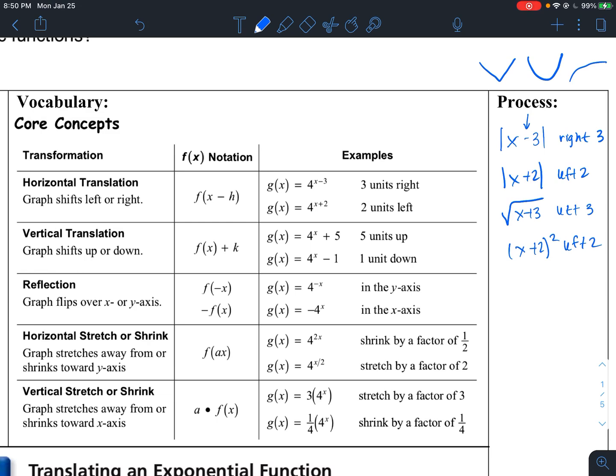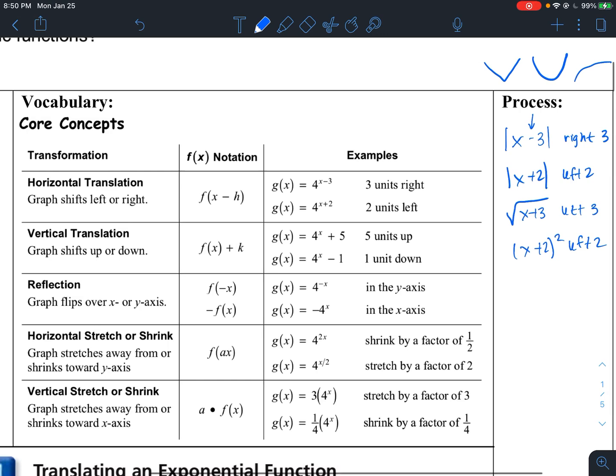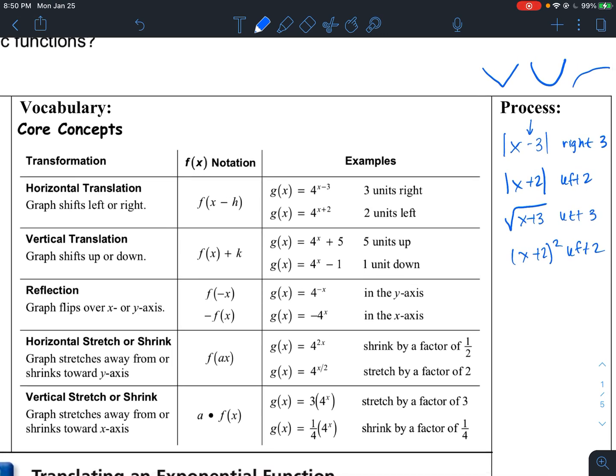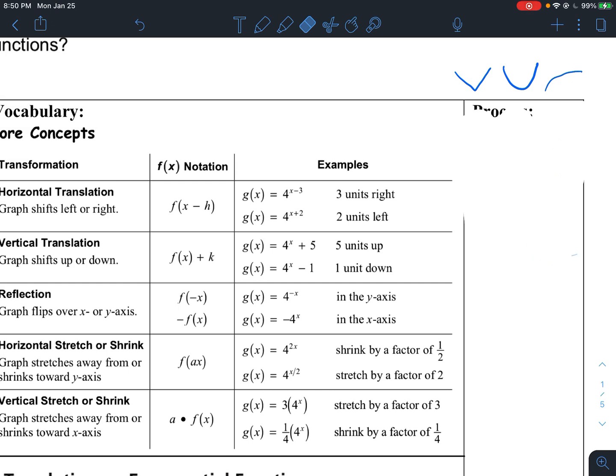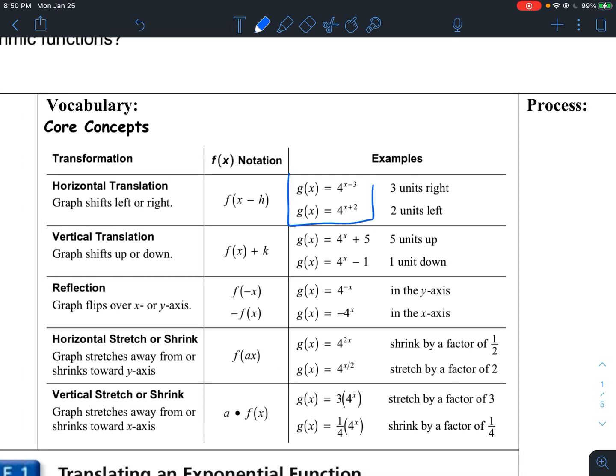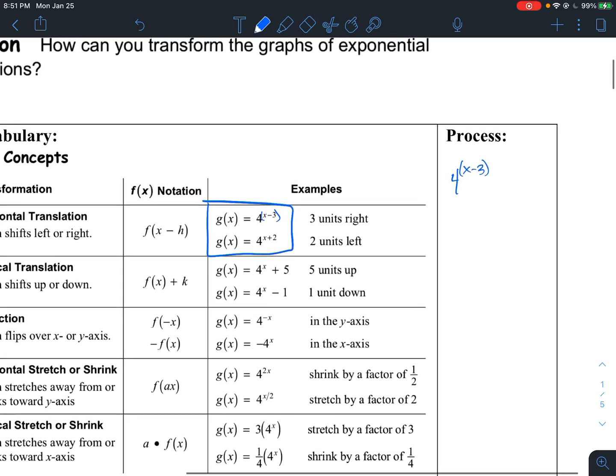So it's really not different for exponential and logarithmic functions. The only difference is the type of function that it is. So for exponential functions, it's all about what you define as the inside of the parentheses. So for example, in these examples right here, the inside is the exponent. So if I have 4 raised to the x minus 3, this right here is the inside of your parentheses, the exponent.